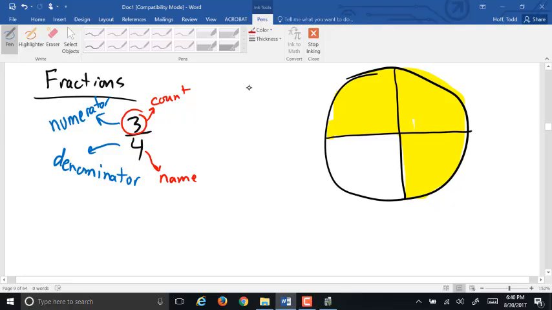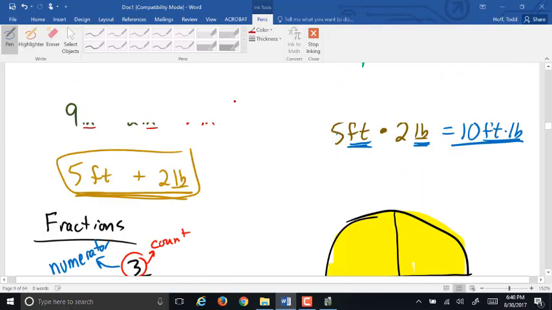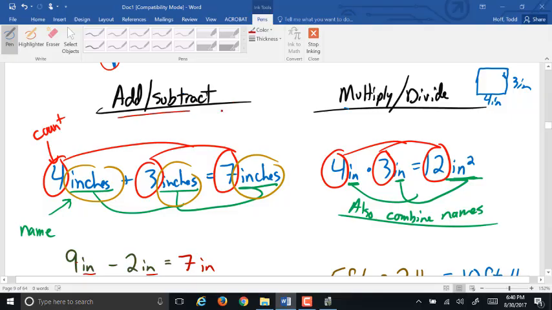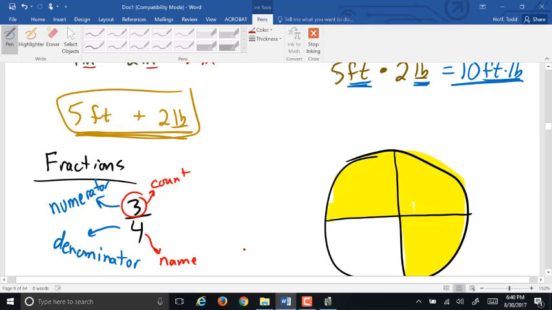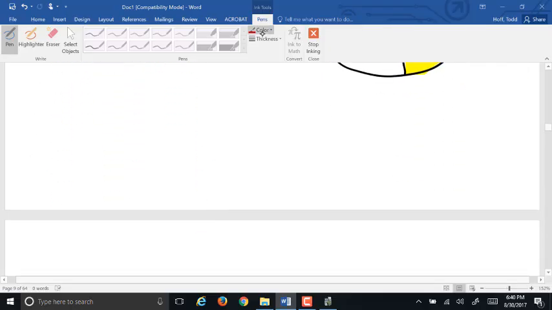Now we saw up above with whole numbers here that when we add or subtract, we had to have the same name, the same label. Inches and inches make more inches. If we didn't have the same label, like feet and pounds, we could not combine them. For fractions, ever since like 3rd grade, we've been told to add or subtract fractions, you must have a common denominator. That's the same rule.